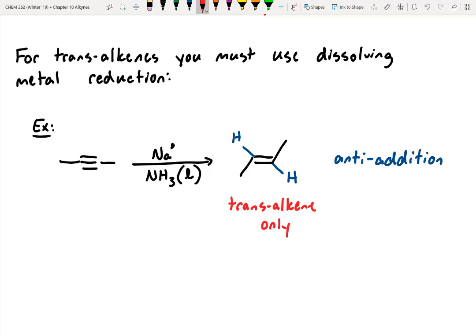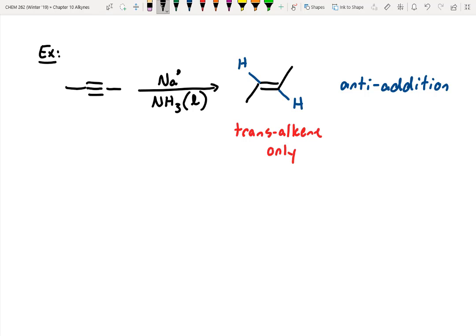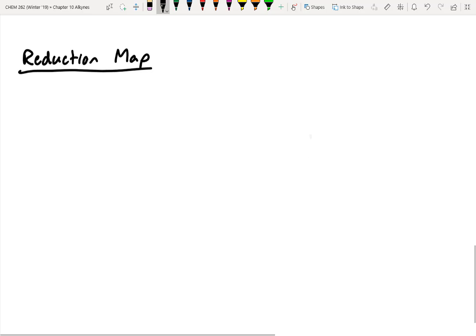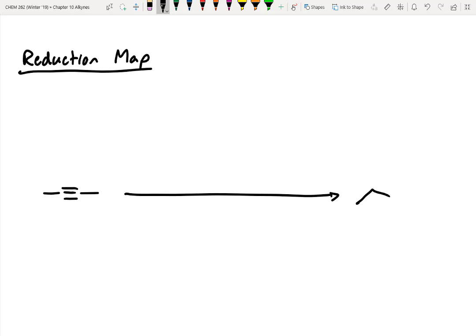So we've got a lot of tools at our disposal to now interconvert between alkenes and alkynes if we want to. So let's make a brief map. All right, so we said before that we can start out with this internal alkyne. We can go straight to an alkane by using hydrogen and palladium on carbon if we wanted to.